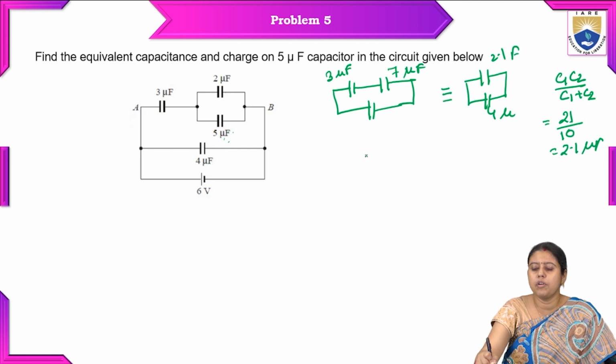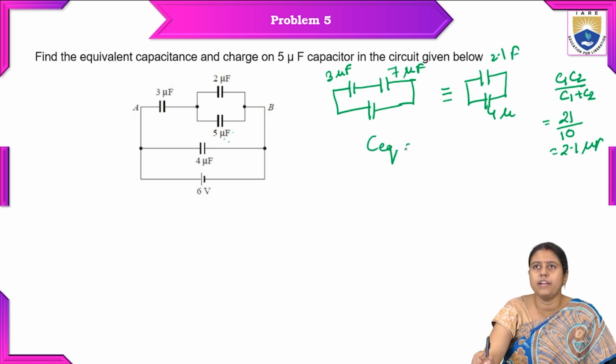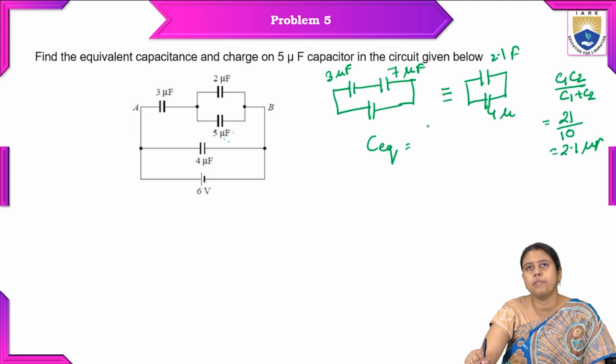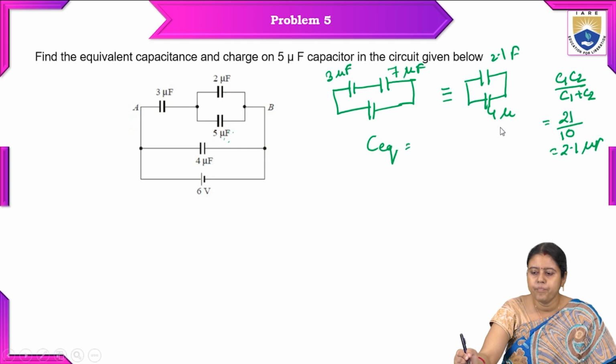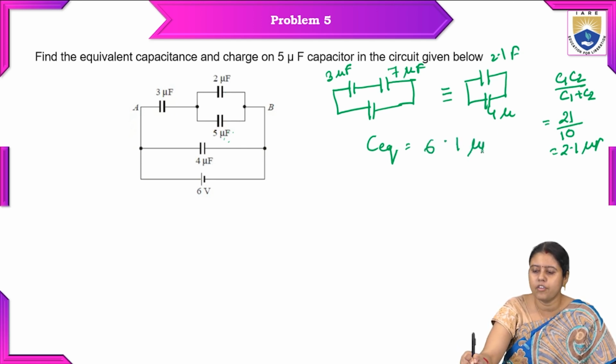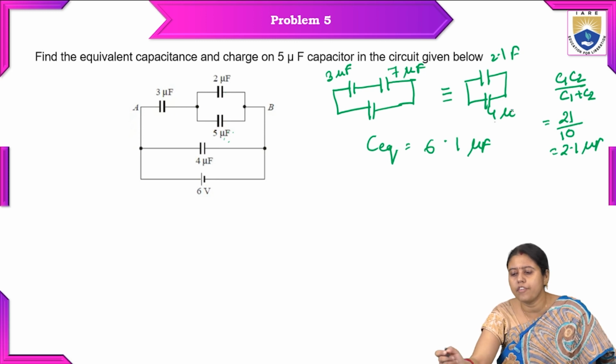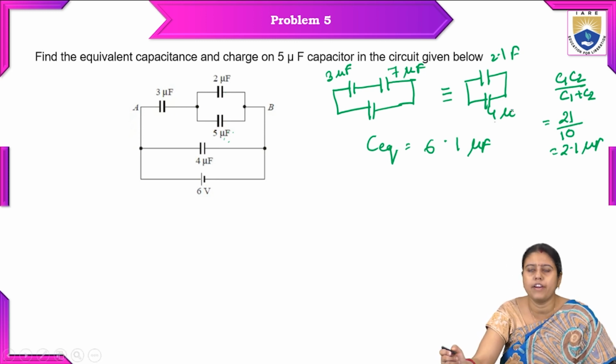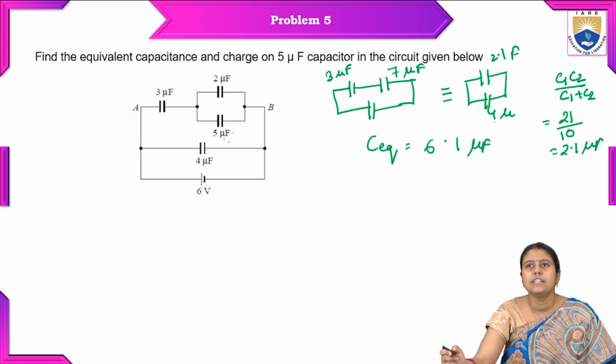Again both are in parallel, and both being in parallel means they will be added together. So 4 microfarad plus 2.1 microfarad gives 6.1 microfarad.